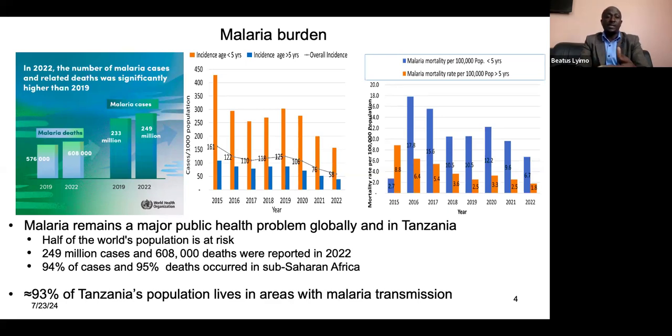Surprisingly, 94% of all cases and 95% of deaths were reported in sub-Saharan Africa. Another thing to note is that at least 93% of Tanzania's population live in an area where they can contract malaria, which is very high. Almost everybody is at risk of getting malaria.